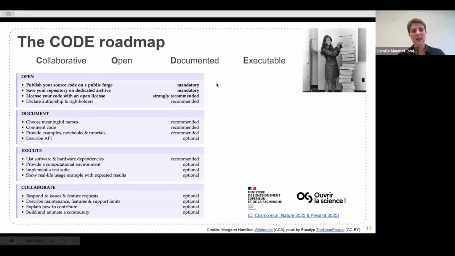You're going to retrieve the steps that I described earlier that are mandatory, recommended or strongly recommended, and then optional, with the idea that collaborate is fully optional. For executable, you have some recommendations to list the dependencies. So you retrieve all the things that I had on my slides. And this is available in a full preprint that you can read to get more into the details of how you can do all of this.